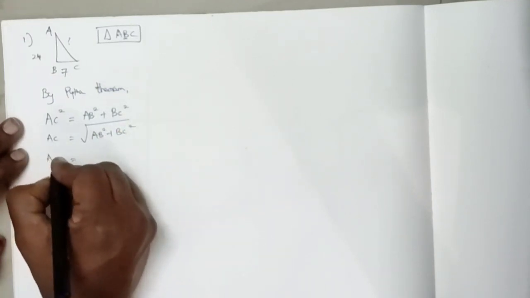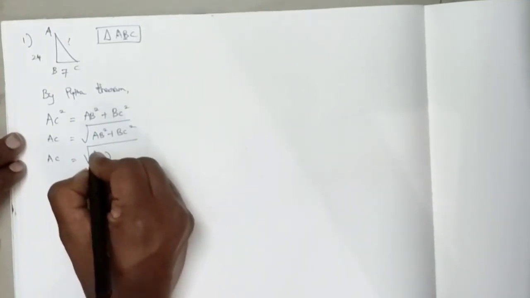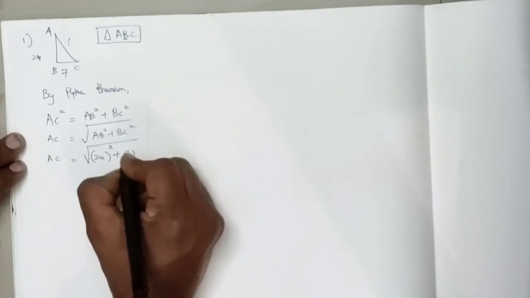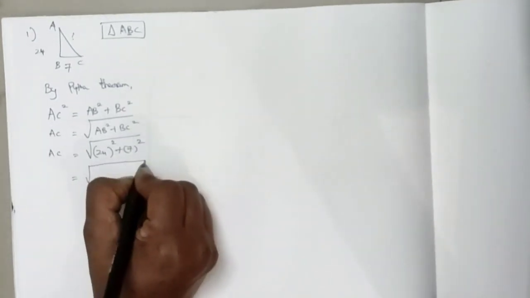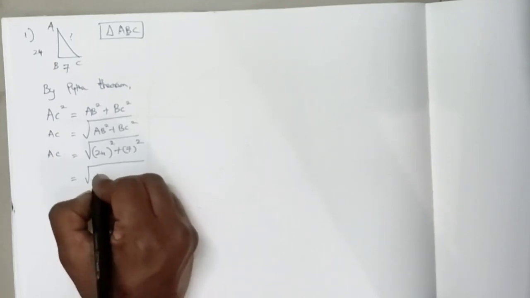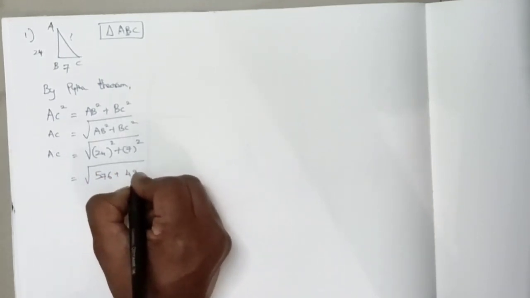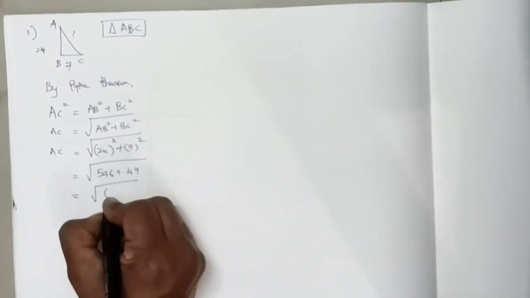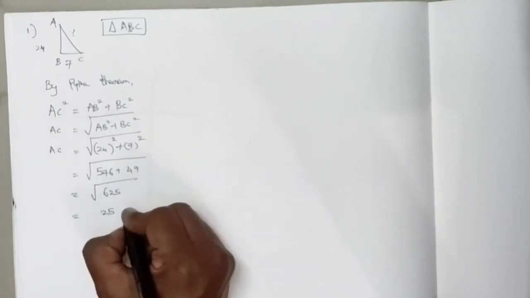On substituting, AB is 24, so root of 24 square plus 7 square, which is root of 24 into 24, that is 576, and 7 into 7 is 49. So it is root 625, nothing but 25 centimeters.